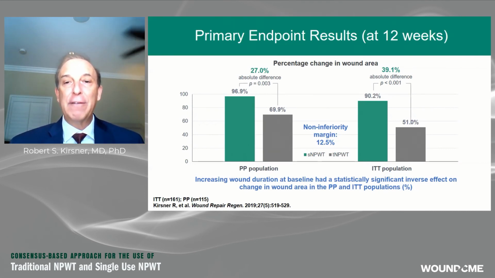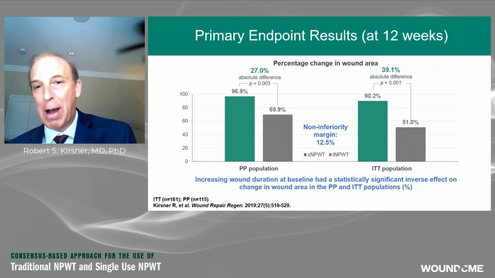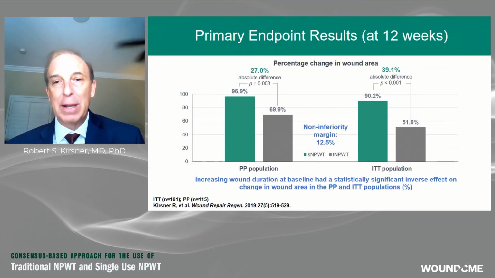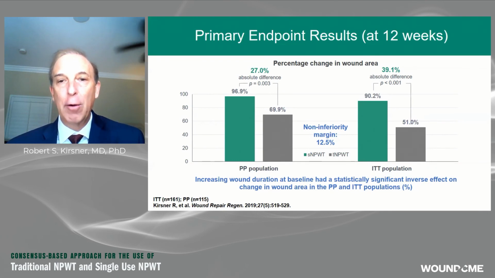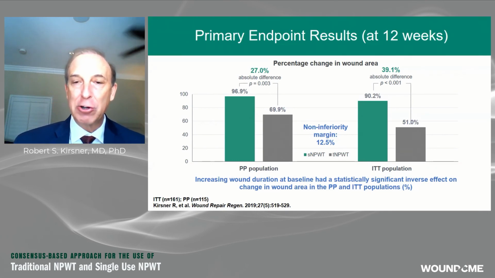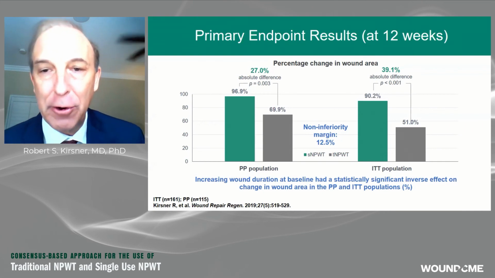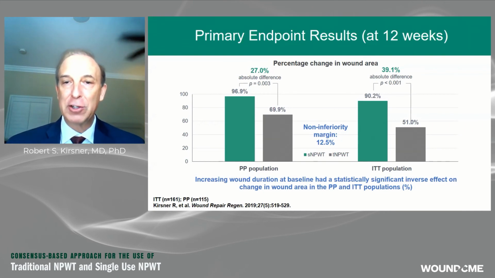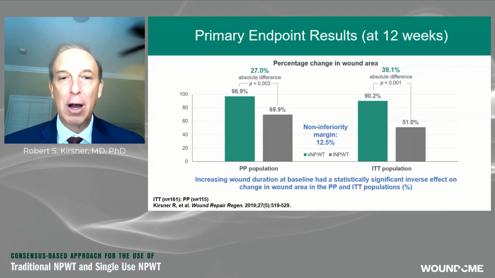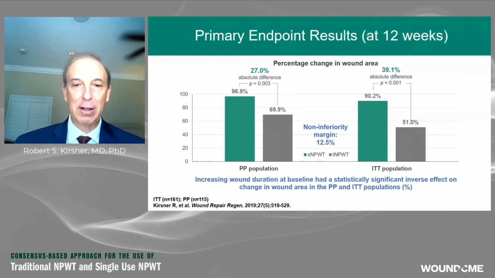In fact, what we did find, looking at the intent to treat population, was something that was a bit surprising. We found actually superiority with the single-use negative pressure device. In fact, we found that 39% difference in percentage of wound change over the 12 weeks, with a 90.2% reduction in wound change with the single-use negative pressure device, compared to 51% with the traditional negative pressure.